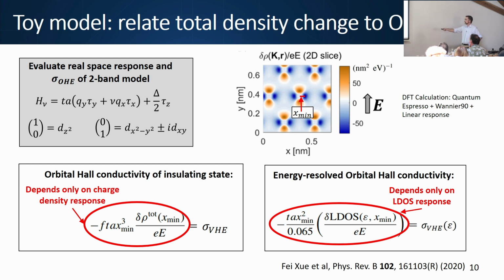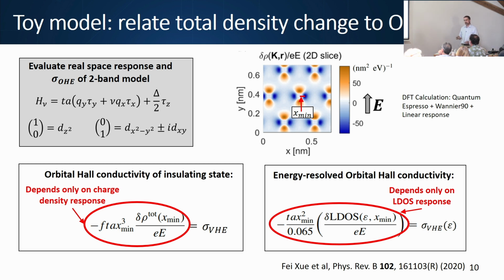The two bands are the conduction and valence, and here are the real space orbitals corresponding to those two bands, defined in real space. And you can analytically compute the linear response, the change in density you get from this model.